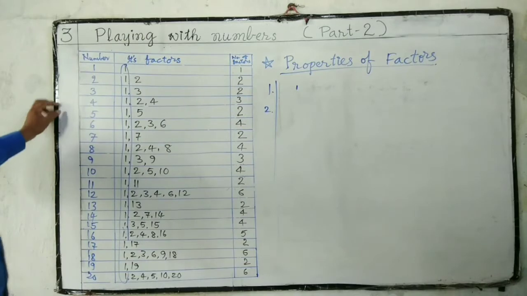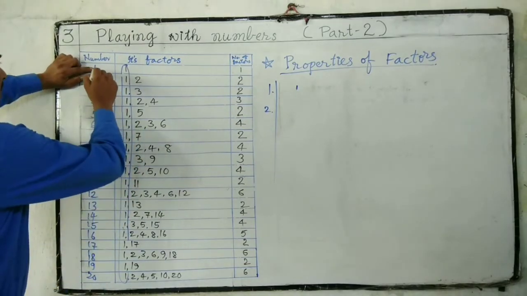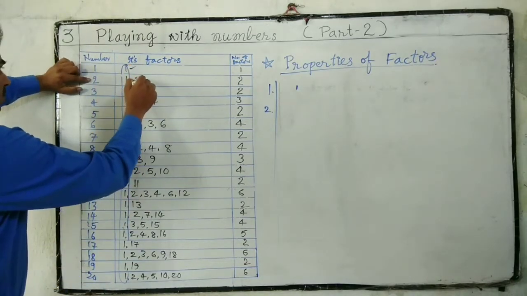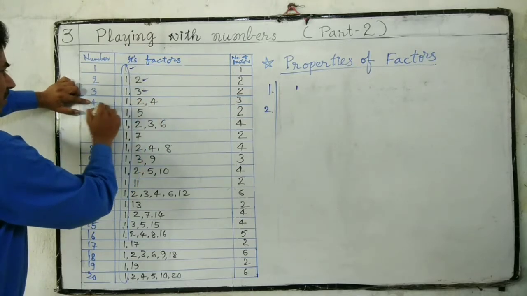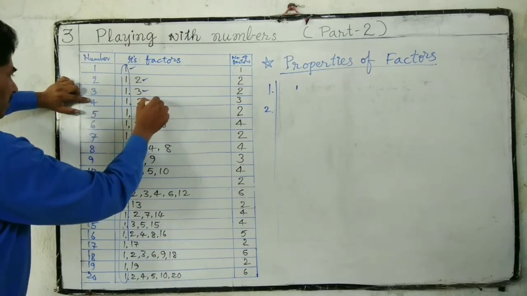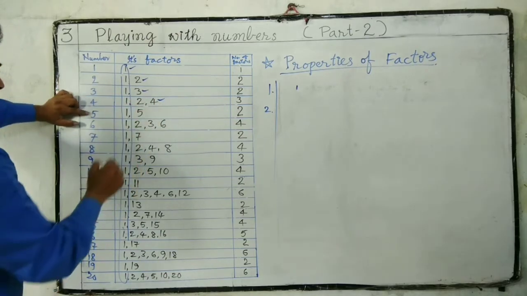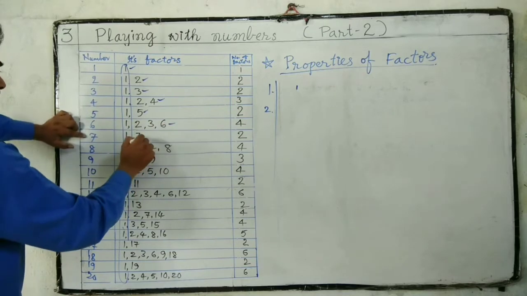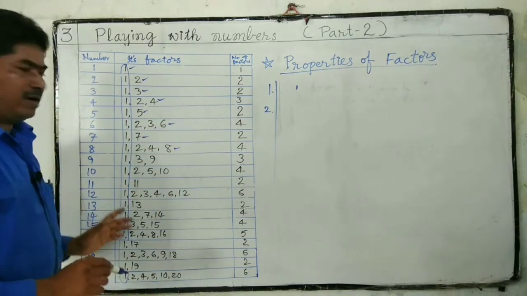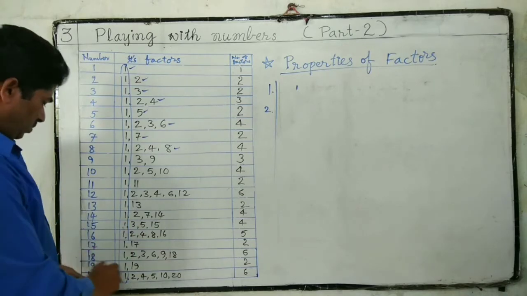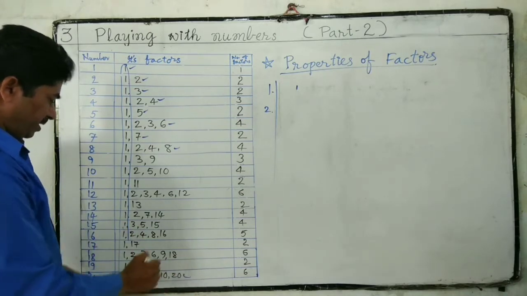Next, factor of 1 is 1, factor of 2 is 2, factor of 3 is 3, 4 has 4 as a factor, 5, 5, 6, 6, 7, 7, 8, 8. Like this, every number is a factor of itself. 20, 20, 19, 19, like this.